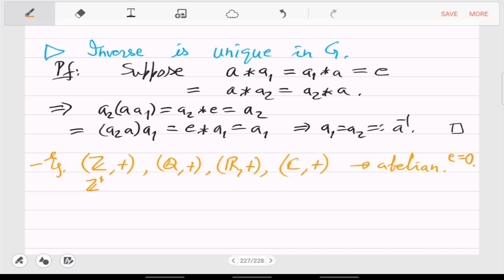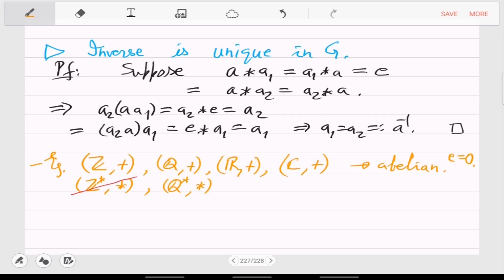What if I remove 0 and then do multiplication on the integers? This will not give you a group, because minus 1 and 1 will be fine, but if you look at 2 or minus 2, you will not get an inverse. So under multiplication there is no inverse, but with Q star, what do you get?